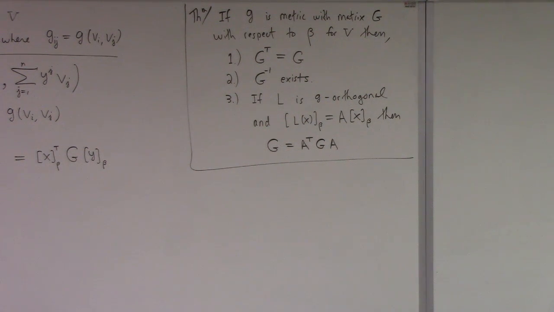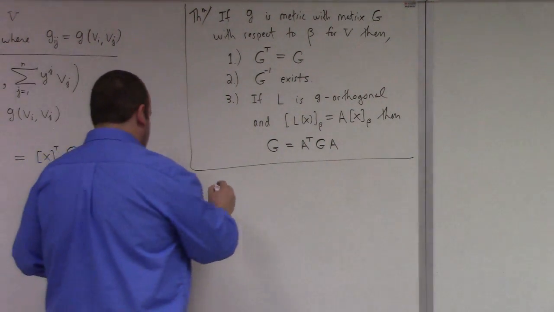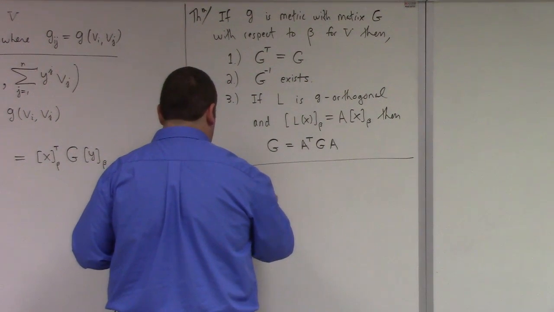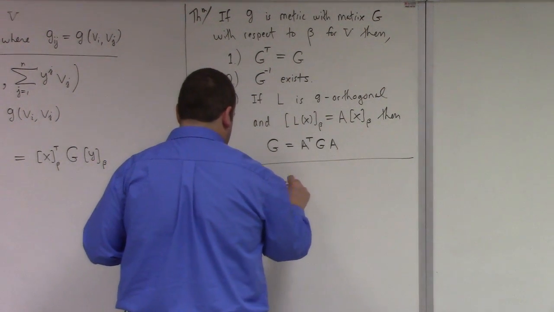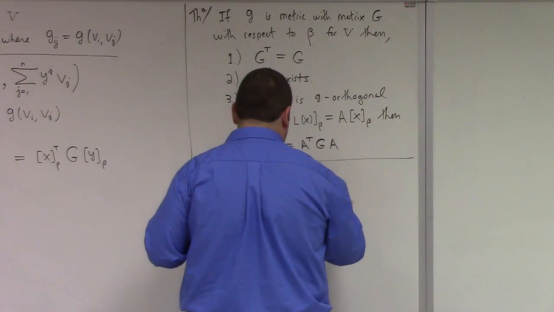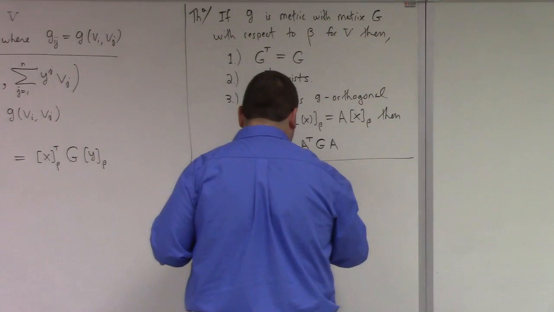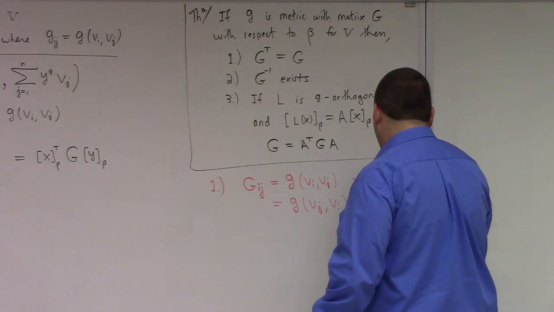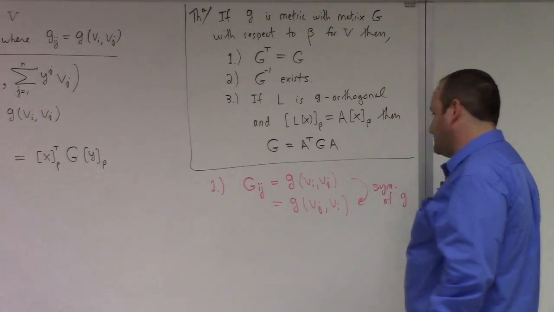Let me prove these things for you. I'm not being entirely honest. One of these things is a homework problem. One, we did last time. I'll do it again. G ij is equal to G of vi, vj, which is equal to G of vj, vi by symmetry of the metric.